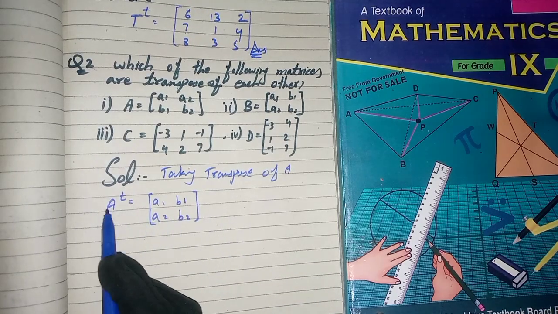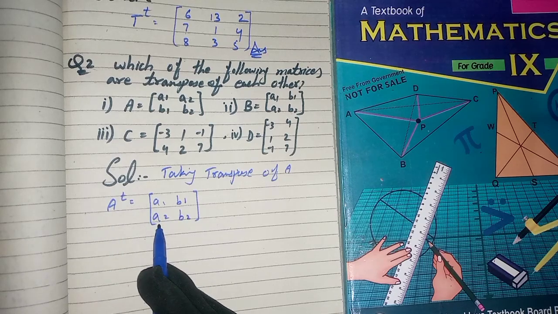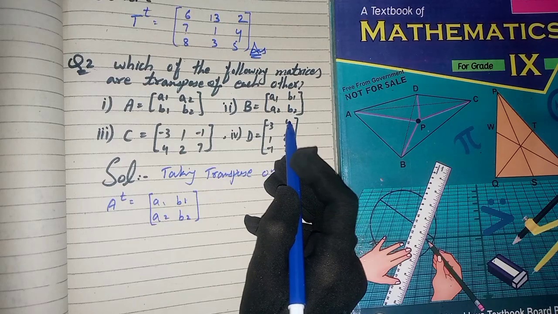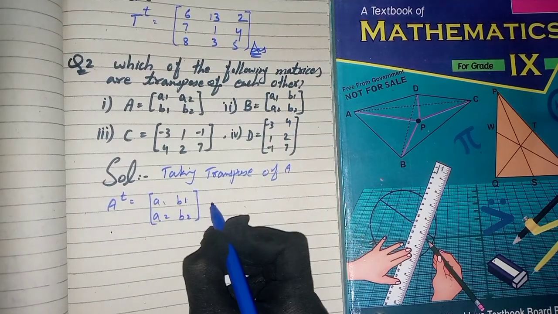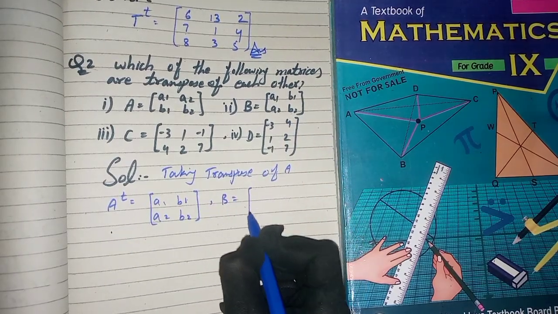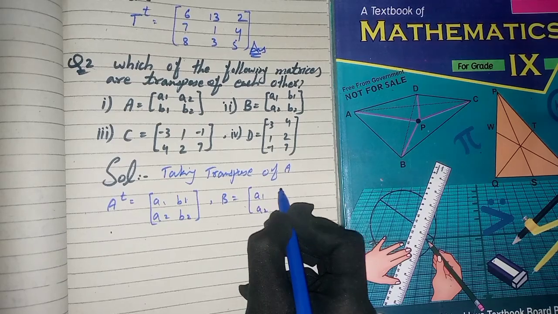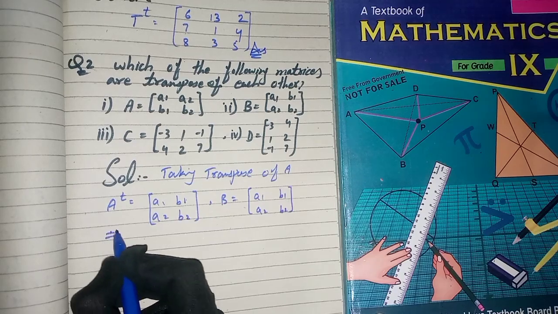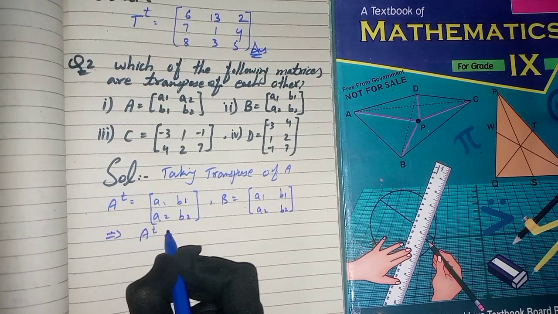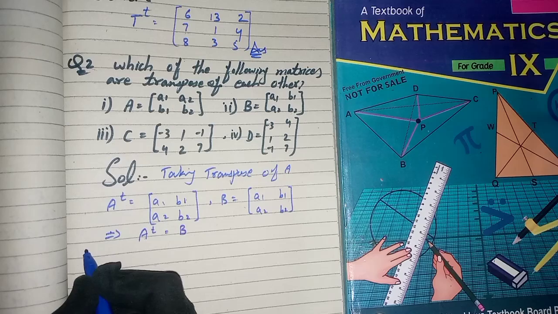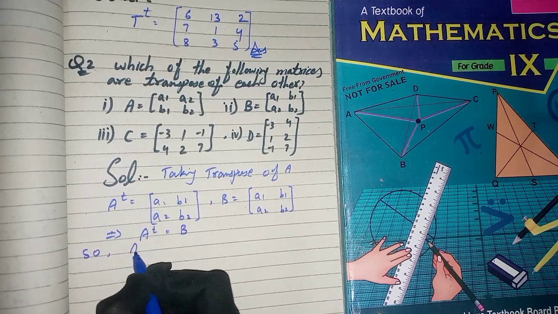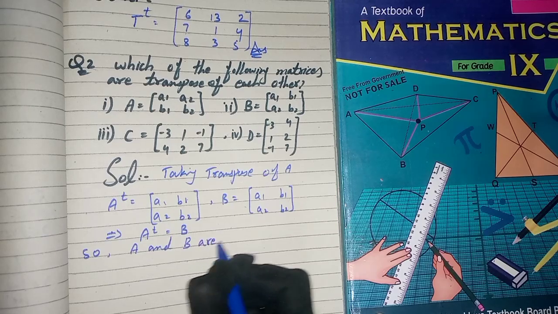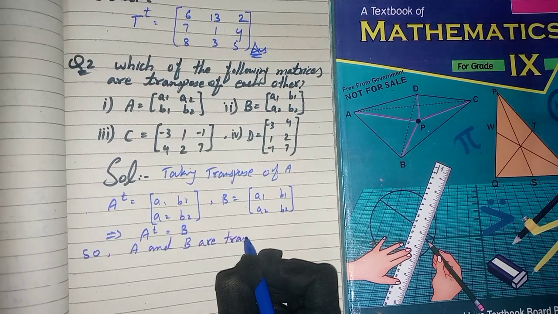We can see that A transpose is equal to A1 A2 B1 B2 and B is equal to A1 A2 B1 B2. This implies that A transpose is equal to B. So, A and B are transpose of each other.